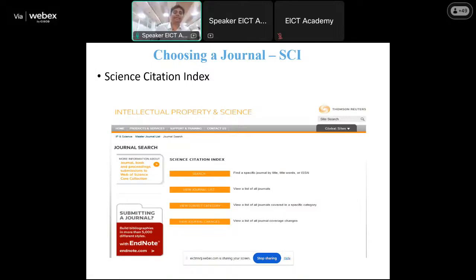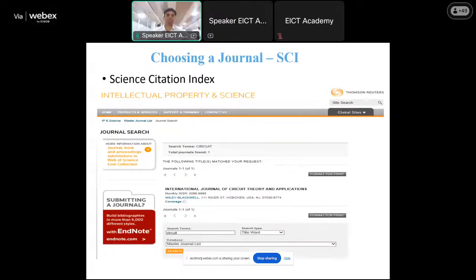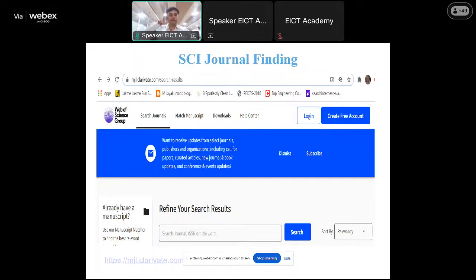तो साइंस साइटेशन इंडेक्स के वेब पेज पे जाओगे, तो उसमें there is an option where you can search whether this journal is in this particular database or not. ठीक है. Now there is another way, which is Web of Science.